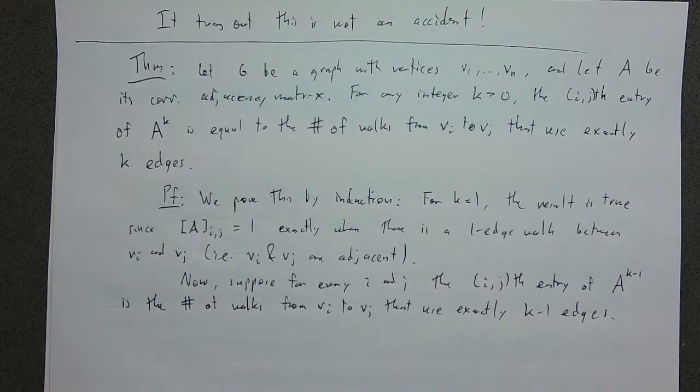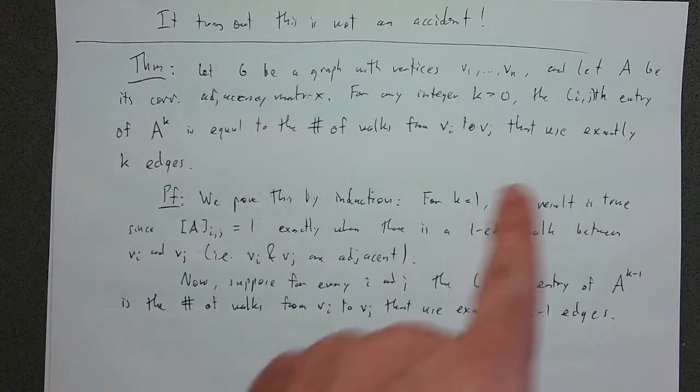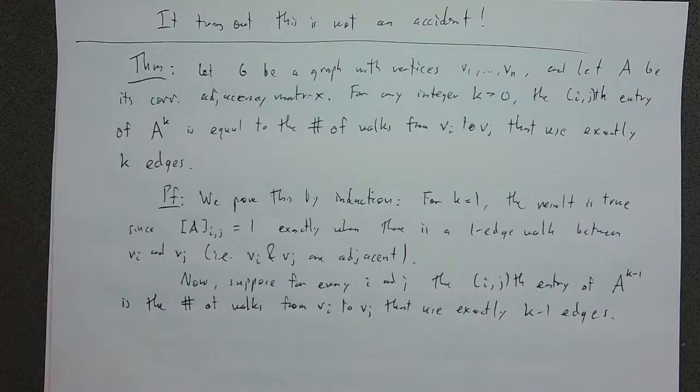Now, I of course want to prove this from this inductive hypothesis. I want to prove this for the kth object, right? I want to show that the ijth entry of A to the k is the number of walks from Vi to Vj that use exactly k edges. So how do I do that?